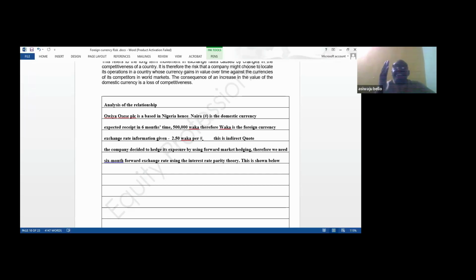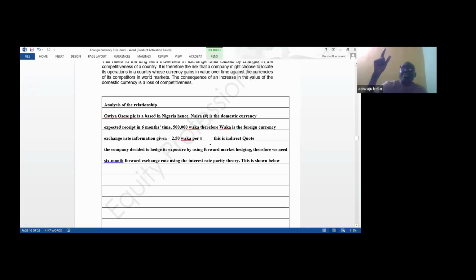The company has decided to hedge its exposure by using forward market hedging. Therefore, we need the 6 months forward exchange rate. As of today, the spot rate is 2.5 waka to naira.